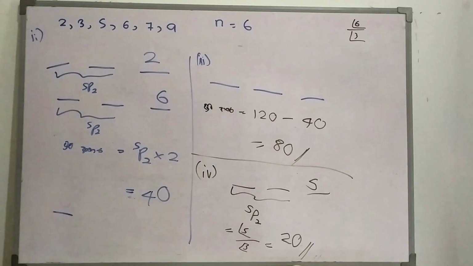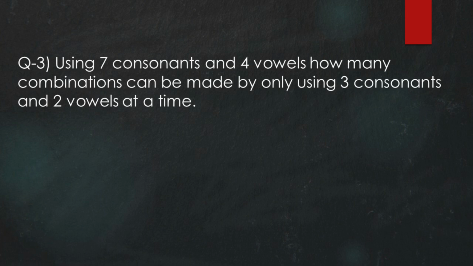This is the second question under theorem number 3. So I think you might have a small idea about permutation. Doesn't matter, we can carry on. Let's move to the next example. Using 7 consonants and 4 vowels, how many combinations can be made by using 3 consonants and 2 vowels at a time?